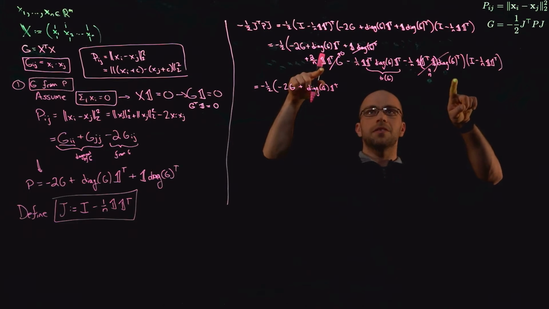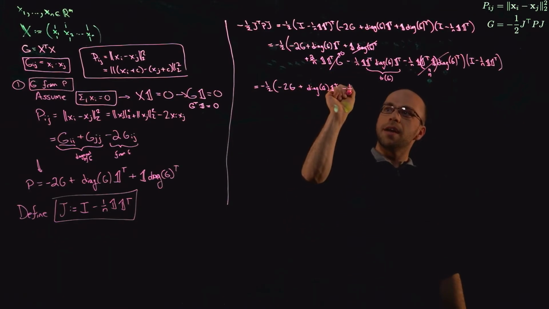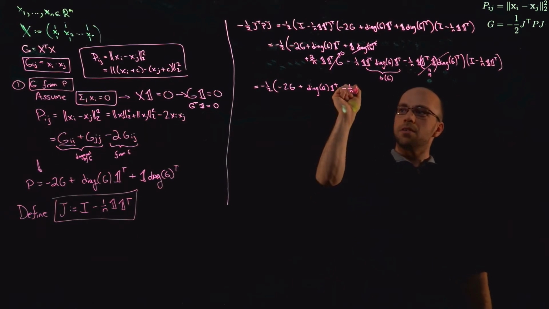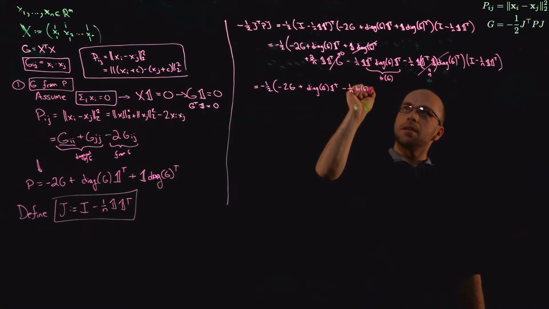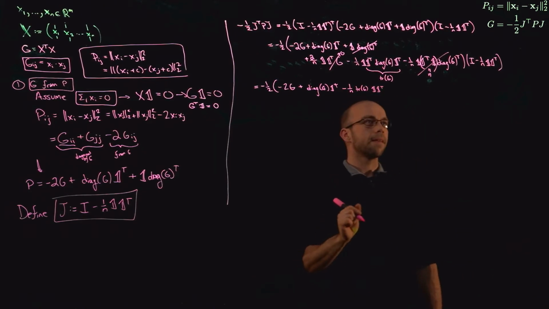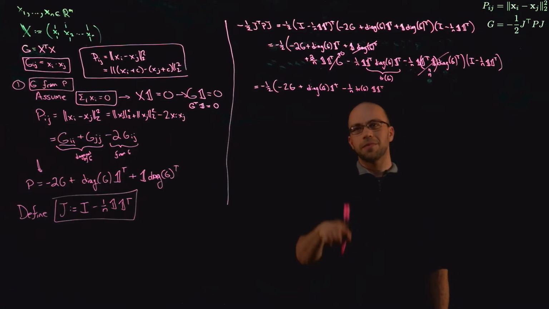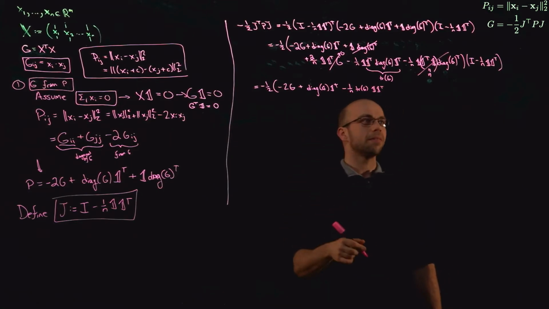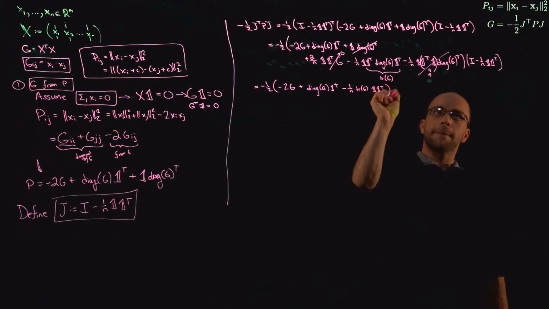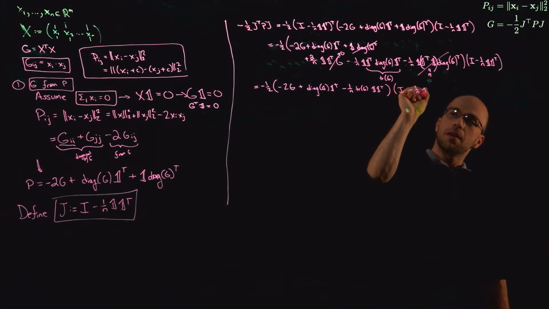This term was equal to 0. This guy is equal to minus 1 over n times the trace of g times 1, 1 transpose, like that. And I believe that is everything we can do. I guess we could factor this out if we really wanted, but whatever. Okay. And this is times the identity minus 1 over n, 1, 1 transpose.